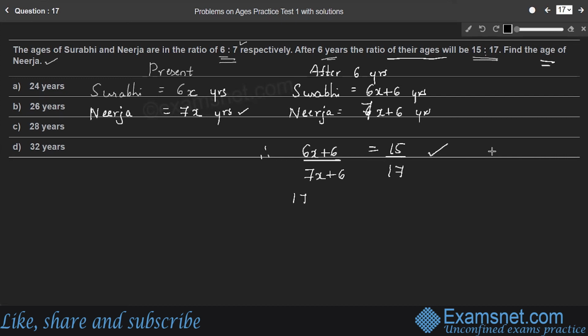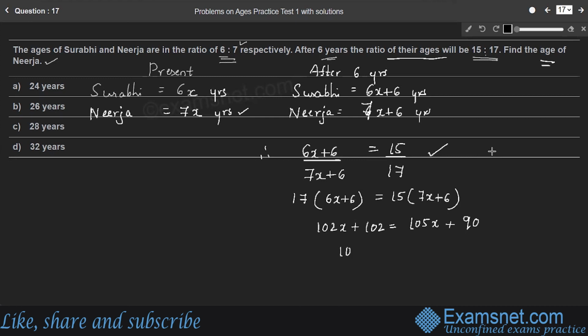So this equation becomes 17 into (6x plus 6) is equal to 15 into (7x plus 6), right? Then expand this. 102x plus 102 is equal to 105x plus 90, right?